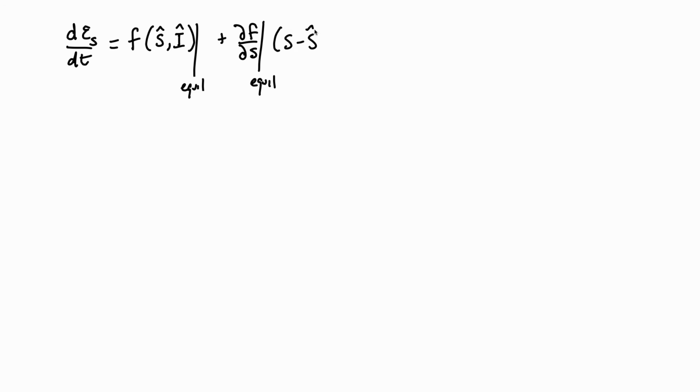So I'm going to say that my d epsilon s by dt is going to be equal to f, that I just defined on the last slide, at s hat and I hat, at the equilibrium, plus the partial derivative of f with respect to s at the equilibrium times s minus s hat, plus the partial derivative of f with respect to I at the equilibrium times I minus I hat, plus a bunch of higher order terms.